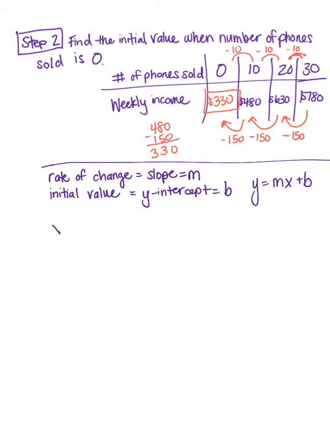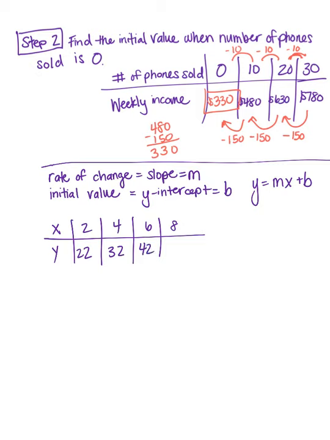So let's say for our x's, we have 2, 4, 6, 8, and we have 22, 32, 42, 52.